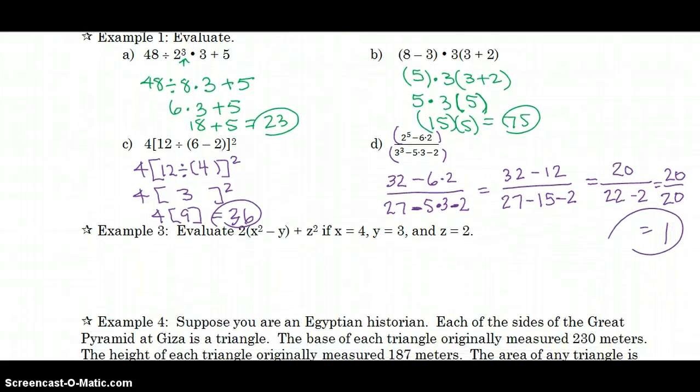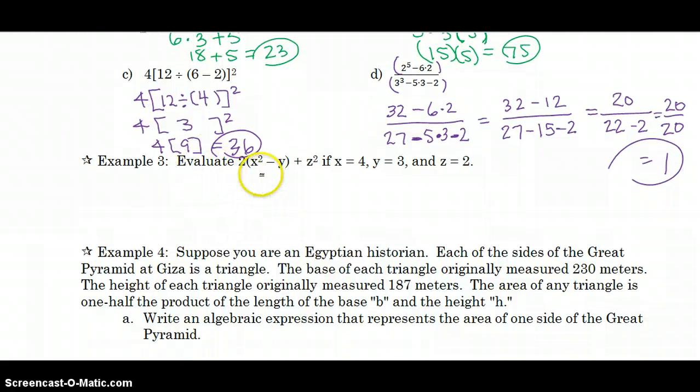Okay? Now, to evaluate when there are variables in the problem, they need to tell us what the variables equal. So once we know the value of the variable, we can evaluate the whole operation. All right, so it's 2 in parentheses, x squared minus y in parentheses plus z squared.